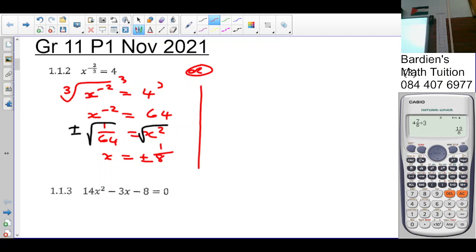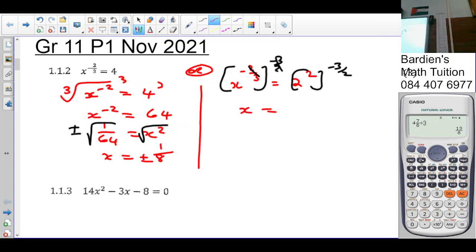On the other hand, we could have said, if you have x to the negative 2 over 3, it can be written as 2 squared. To get rid of this exponent, I raise it to its reciprocal, which is negative 3 over 2, on both sides. That cancels, so I now have x is equal to 2 to the power of 2 times negative 3 over 2, which is negative 3.